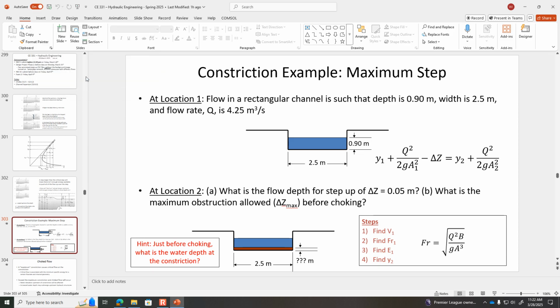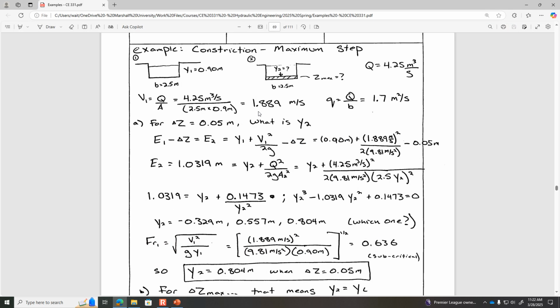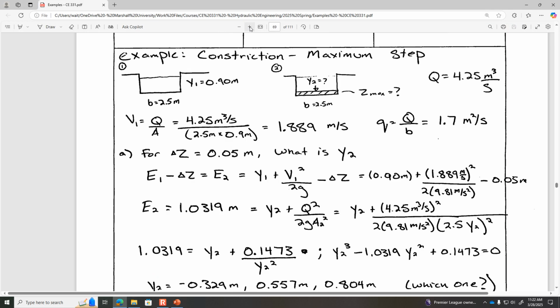Okay, over on the whiteboard on the right side, I've got the velocity, Froude number, and specific energy, all of those at 1. So the velocity at 1 should be 1.889 meters per second. Froude number, we calculate to be 0.636.